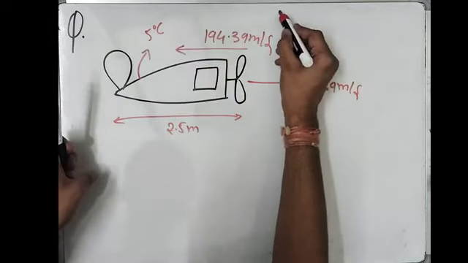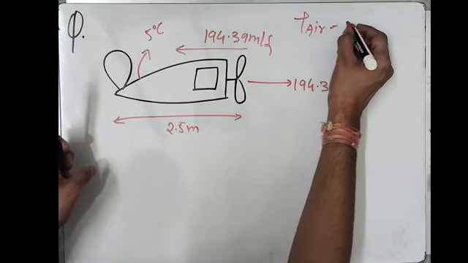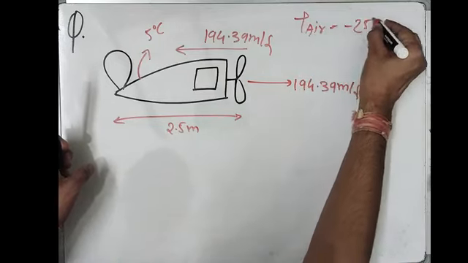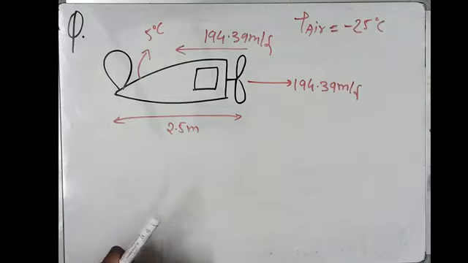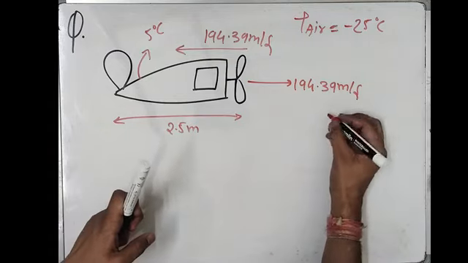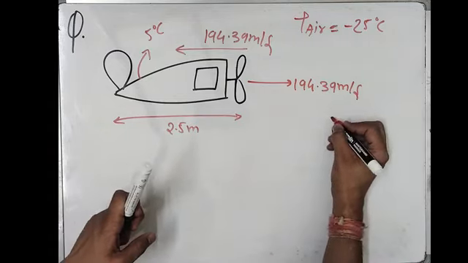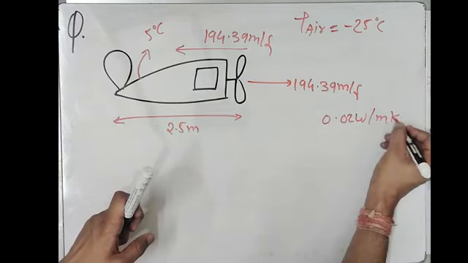The temperature of air is given as minus 25 degrees Celsius. The thermal conductivity is given as 0.02 watt per meter Kelvin.